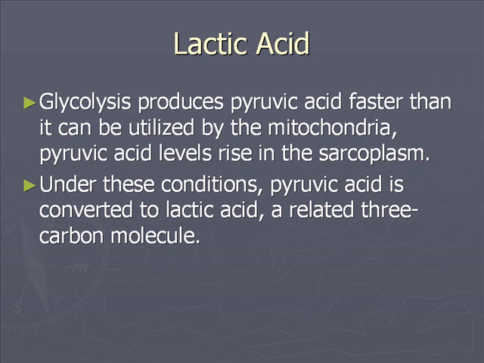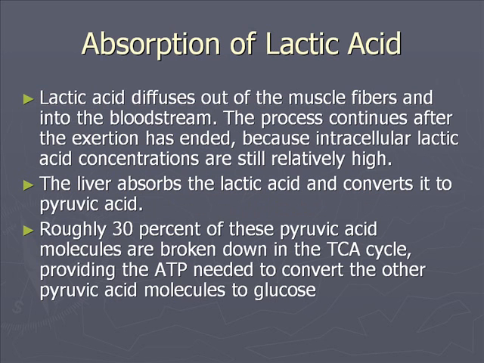So as glycolysis produces pyruvic acid faster than it can be utilized by the mitochondria, pyruvic acid levels will rise, and under these conditions, pyruvic acid is converted to lactic acid, which is very acidic, less than 7.35. The problem is that lactic acid, as it changes the pH, significantly affects body functioning. Lactic acid diffuses out of the muscle fibers into the bloodstream.